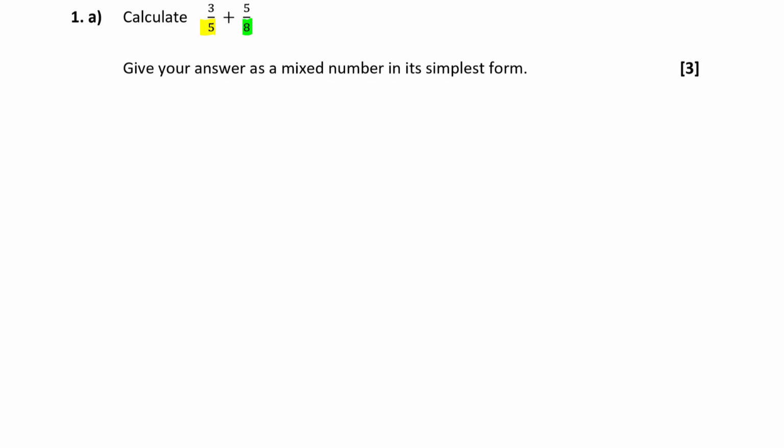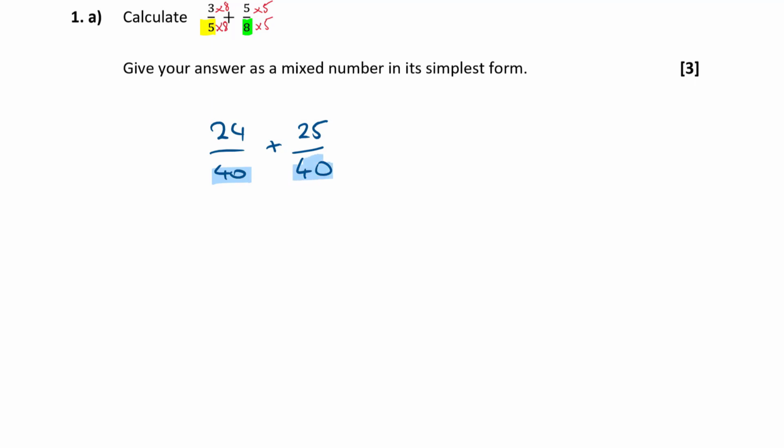So let's times the first fraction top and bottom by 8, and the second fraction top and bottom by 5. What's that going to give me? So that's going to give me 3 times 8 is 24, 24 40ths, plus 5 times 5 is 25, 25 40ths.